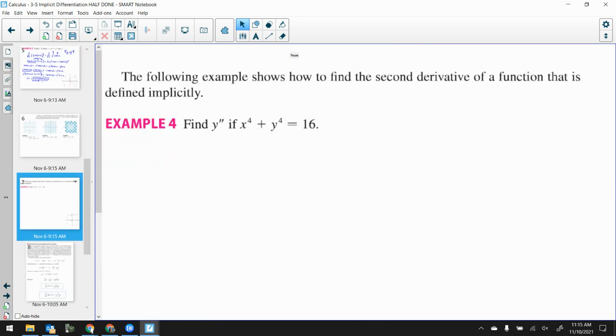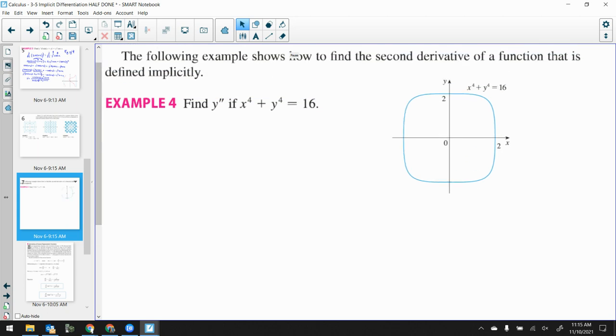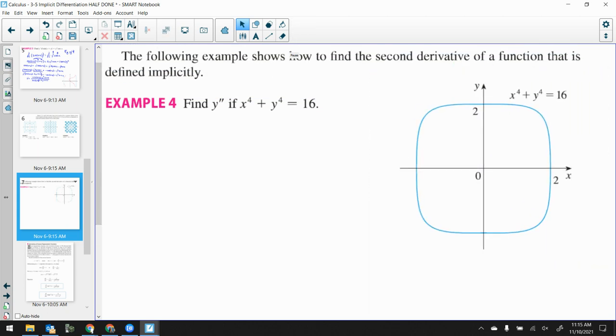So if we can differentiate it once, we can differentiate it twice, right? So let's find y double prime of x to the fourth plus y to the fourth equals 16. Just so you guys know what this looks like, because I'm a nerd and I think this stuff is cool, this is what x to the fourth plus y to the fourth equals 16 actually looks like. It's kind of like a rounded out square.